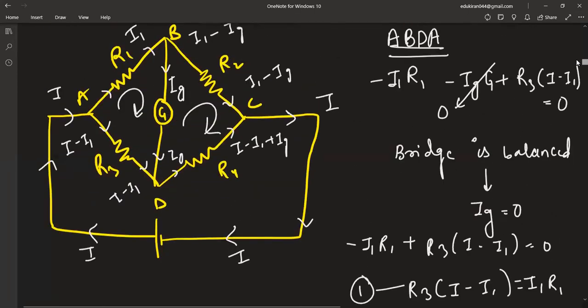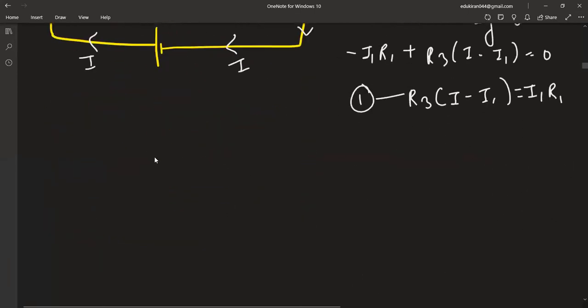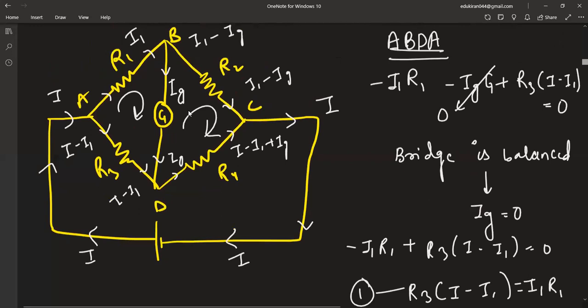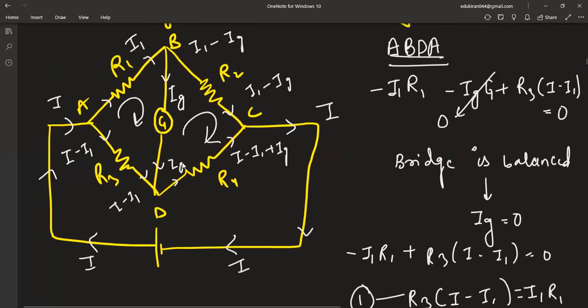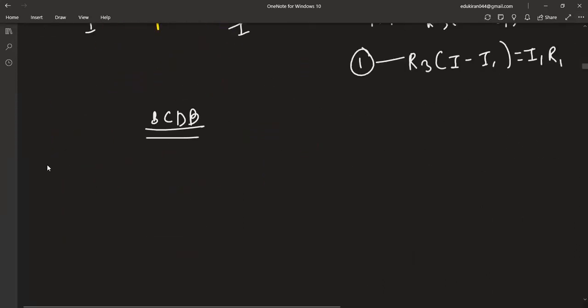Second loop is B, C, D, B. So let's move clockwise. If we are moving from here, same direction, it would be negative. Resistance is R2, current is I1 minus Ig. So this becomes minus R2 into I1 minus Ig.